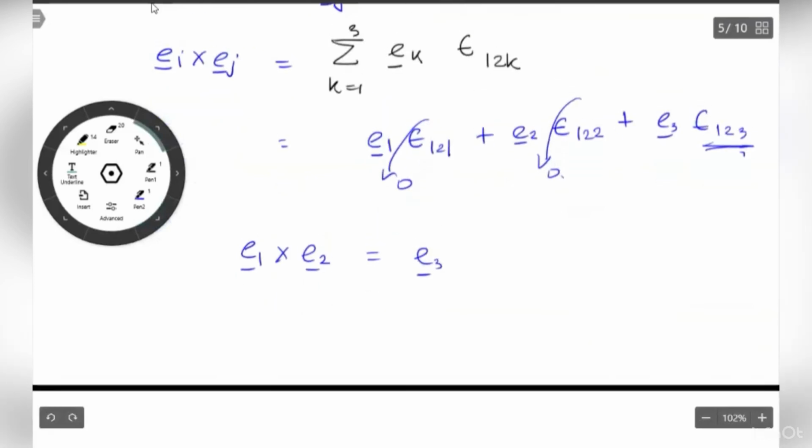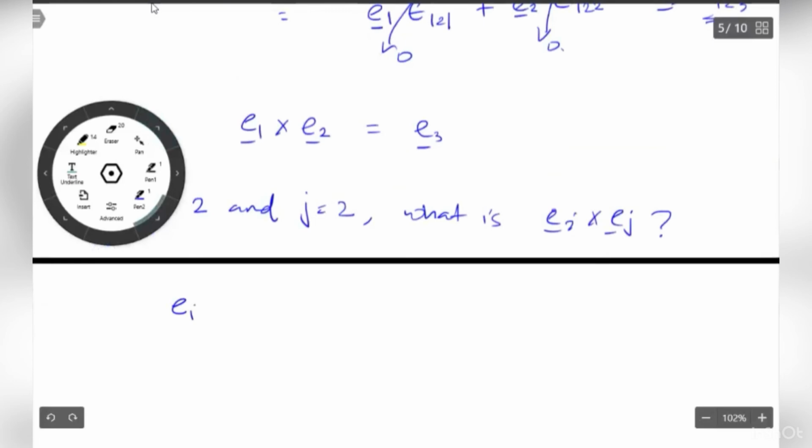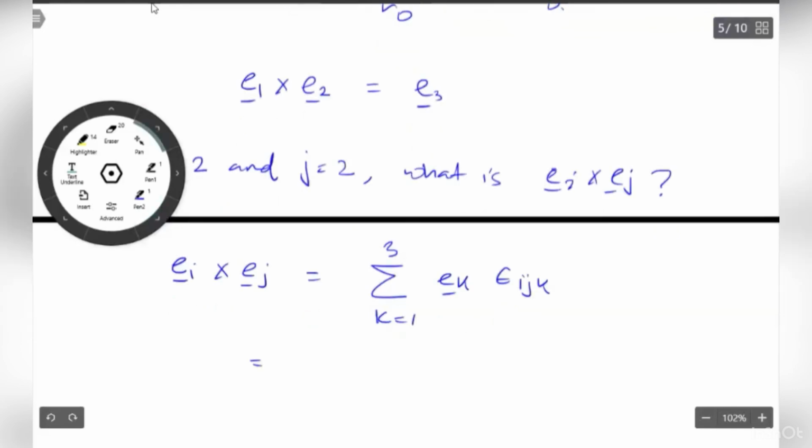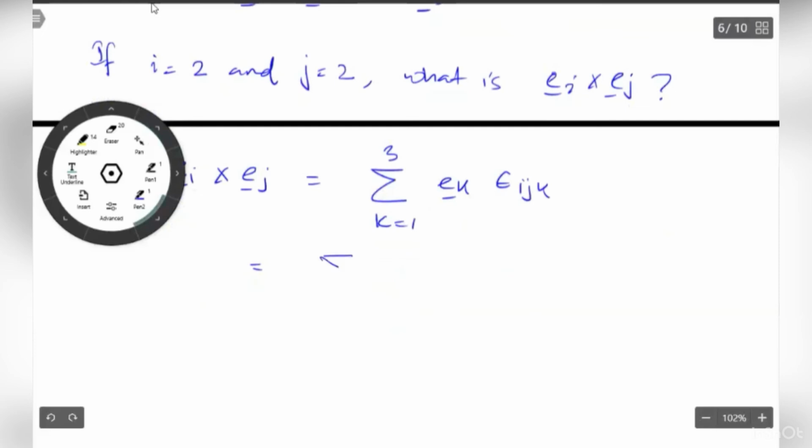In the same way, if you try to find out what ei cross ej will be if i is equal to 2 and j is equal to 2, you know that ei cross ej equals the summation of k equals 1 to 3 of ek epsilon ijk, which is the summation of ek epsilon 2 2 k.